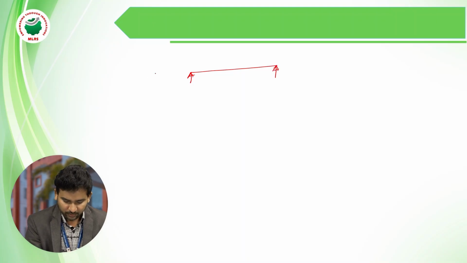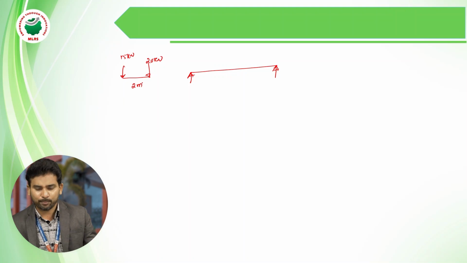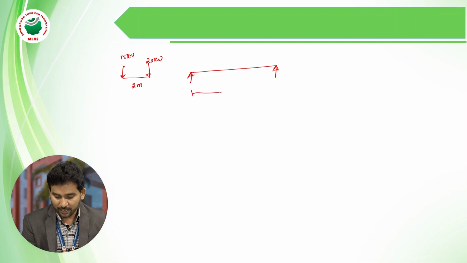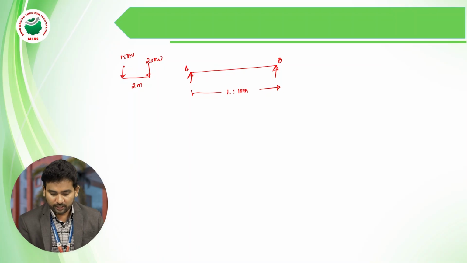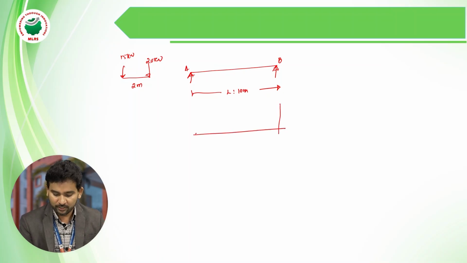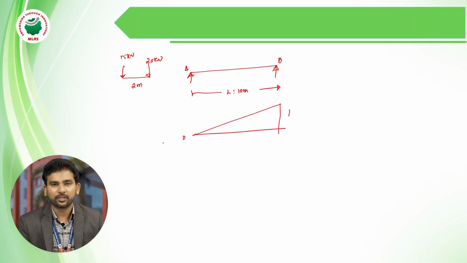Same, again I'm keeping the 20 kilonewton load and 15 kilonewton load, spaced 2 meters apart, and the span length L equals 10 meters. This is the support A and this is the support B. Now already we know the ILD for RB. At support B the ordinate is 1 and at support A the ordinate is 0. So this is the ILD for RB.